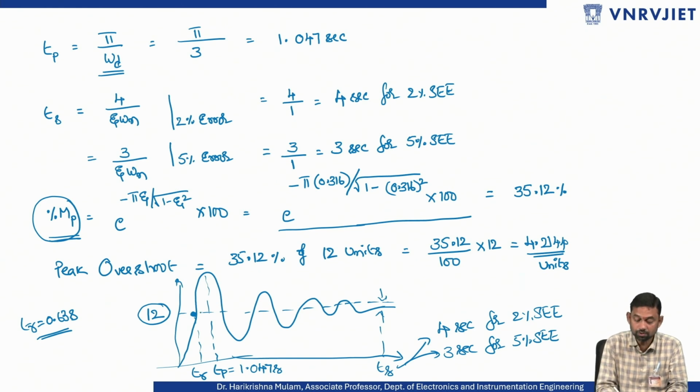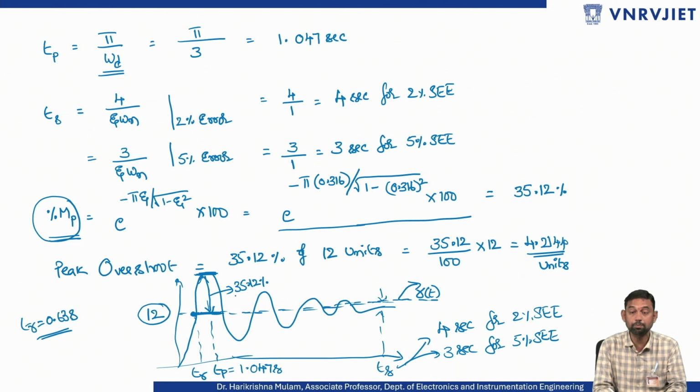And this percentage overshoot is this. From here to here, it is called overshoot, which is going beyond this 12 units. So the input is step input of magnitude 12. Though we are calling it input, this input corresponds to the desired output. And from the desired output, the deviation is up to here. So this is the overshoot. This overshoot is expressed as a percentage of this final value or desired value. And we got it as 35.12%.